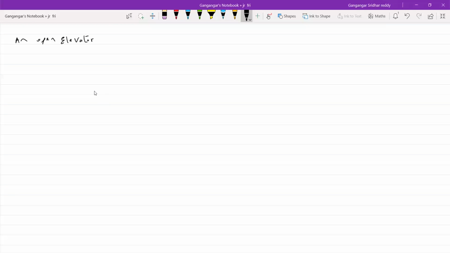Let me write, you just make it. An open elevator is ascending with a constant speed of 10 meter per second.